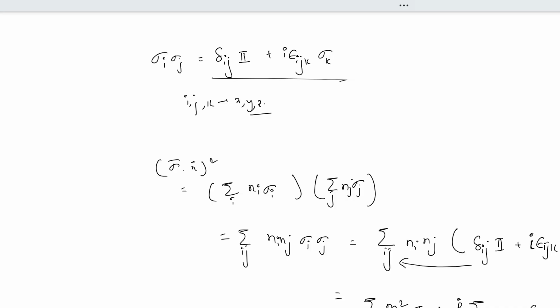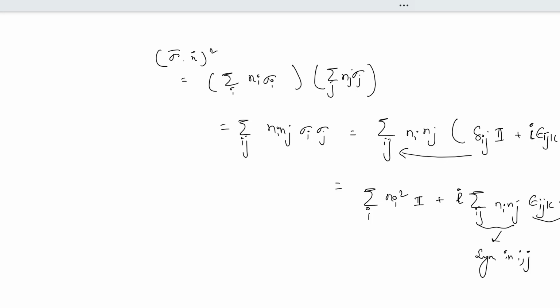So when you have a summation of a product of a symmetric term and an antisymmetric term in i and j, the product actually gives you 0. You can take a simple example. Say i equal to 1 and j equal to 2. So you have n_1 n_2 epsilon_12k, and so k is 3, so sigma_3.